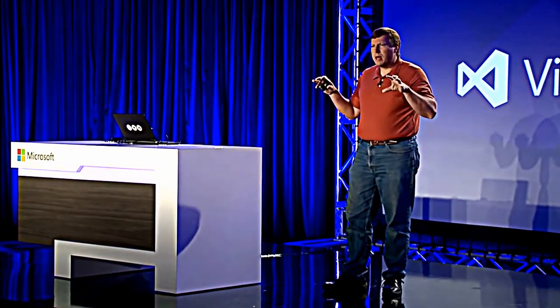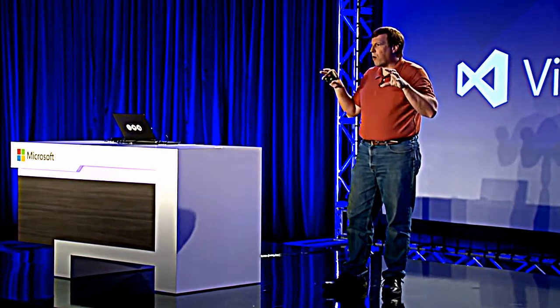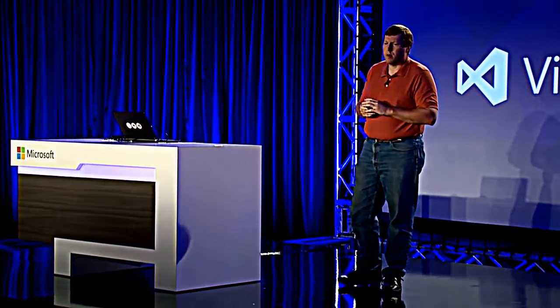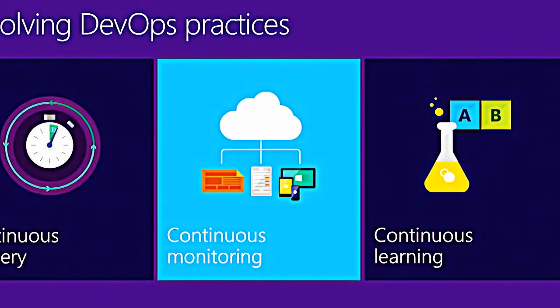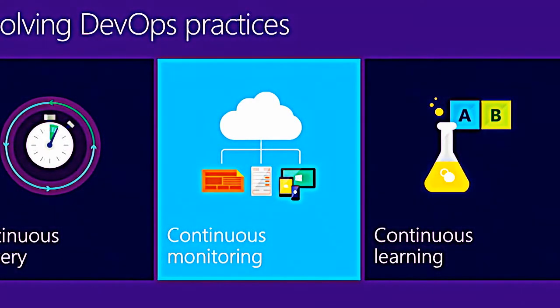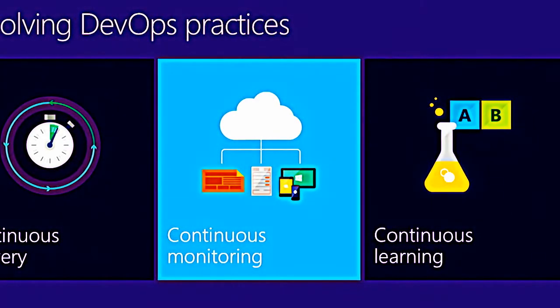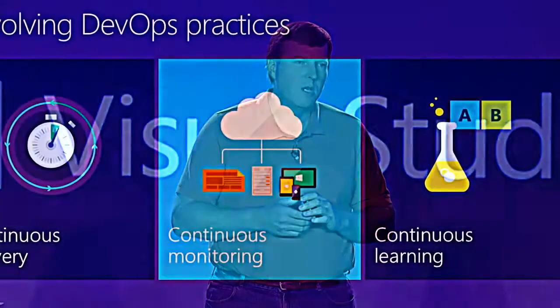But there's some commonality, and there's a set of practices that pretty much everybody thinks of as part of DevOps. First, continuous delivery, that is the process of delivering software constantly, regularly, whether it's every check-in or every week or every month, delivering software in smaller chunks and more rapidly to our customers.